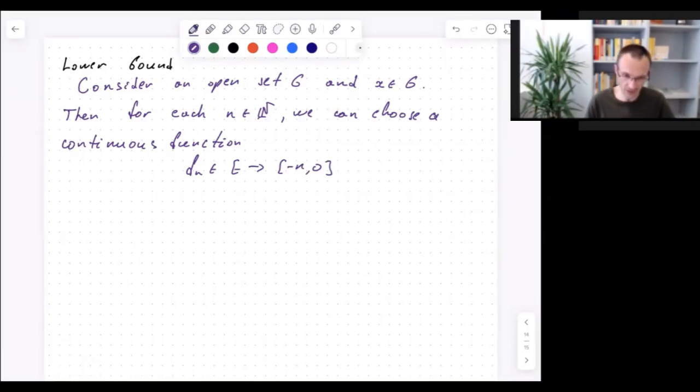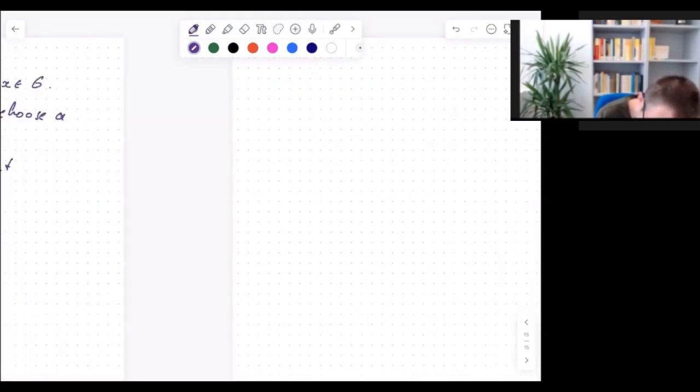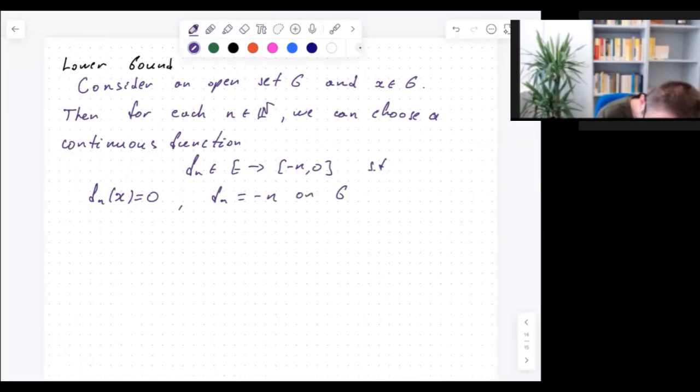This function is bounded. It takes only negative values, but this function is such that at x it takes value 0, fn of x is equal to 0, and fn is equal to minus n outside the set G, on the G complement.